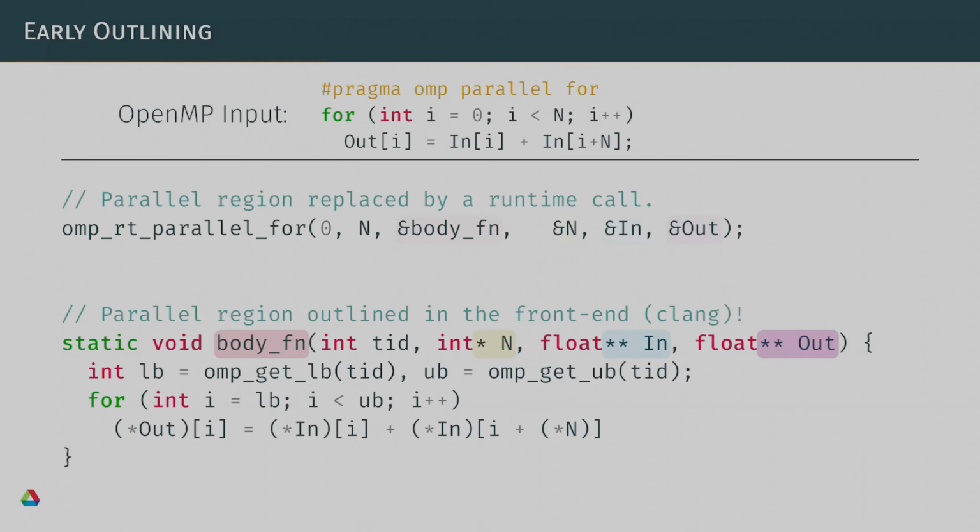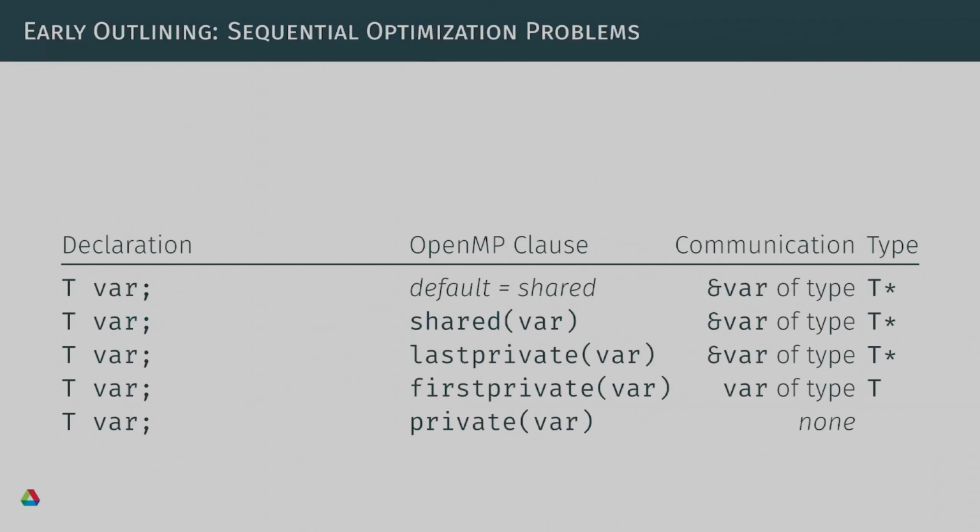So what happened? Depending on how you share a variable, the value is passed or communicated through the runtime with a different type. By default, in a parallel for, variables are shared. And if you have a variable of type T that is shared into a parallel region, it will actually be passed as a T pointer. So the address of the variable is passed. Same for lastprivate.